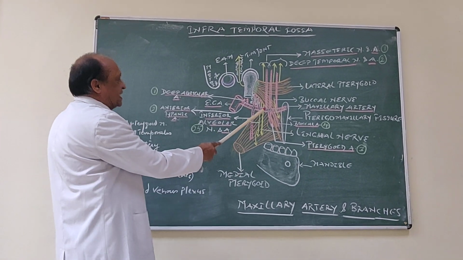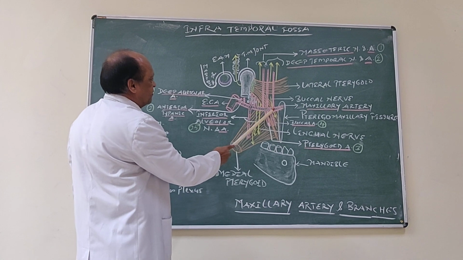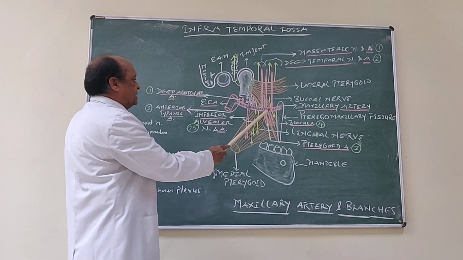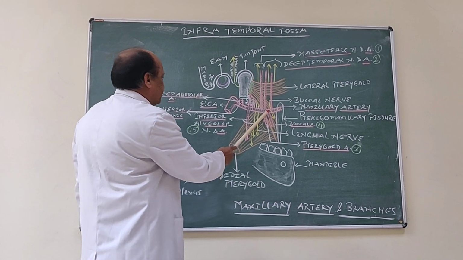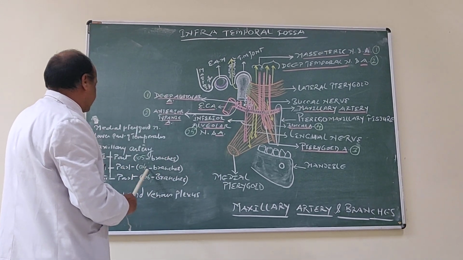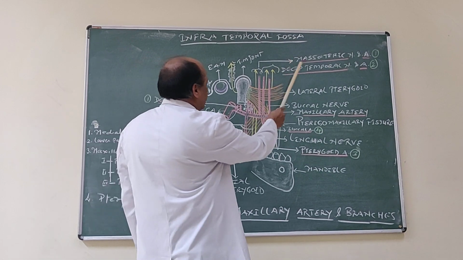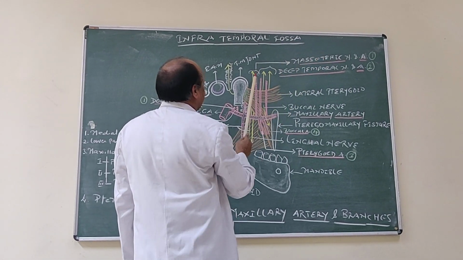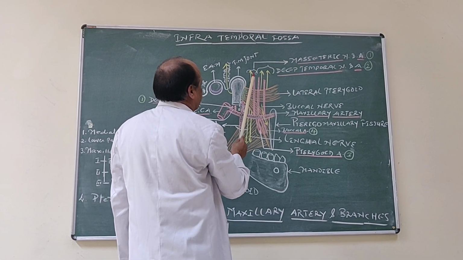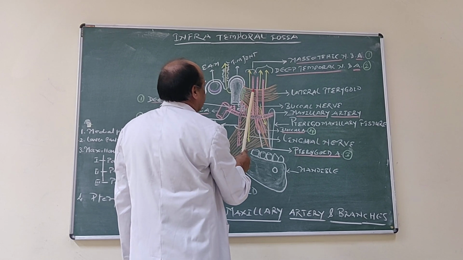Now, as we know, the second part runs on the surface of the lateral pterygoid muscle. It gives 4 muscular branches. The first branch is here, the masseteric artery, running upwards, emerging from the upper border of the lateral pterygoid muscle.